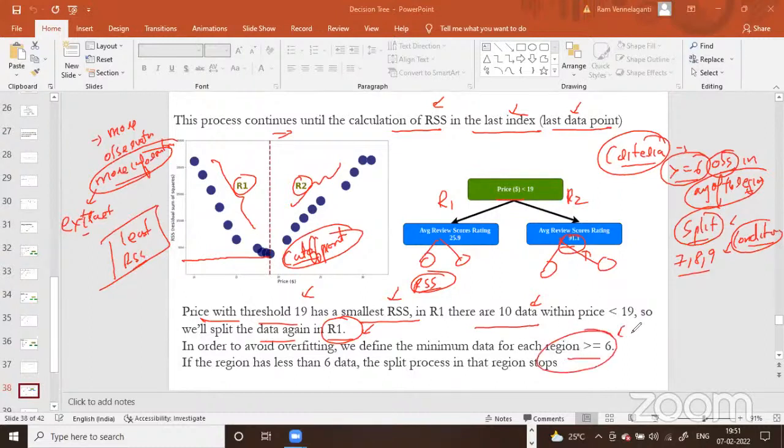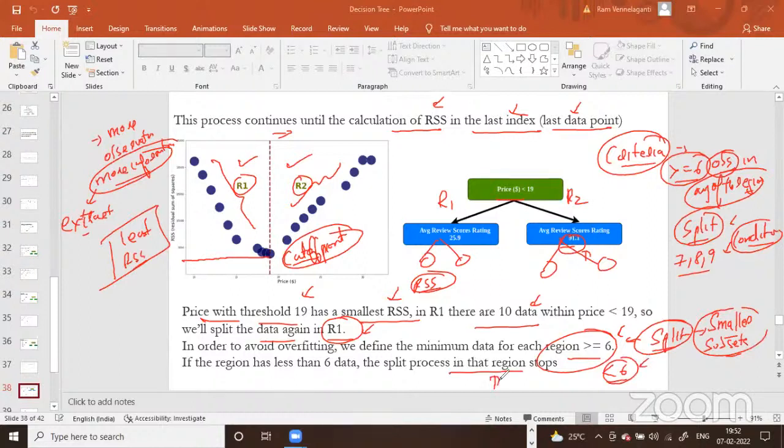Instead of 6, I can take 5 or 7 or 8, whatever may be. So if your region 1 or region 2 is having more than or equal to 6 observations, then split it further into smaller subsets. We can do this. But if your region is having less than 6 observations, then stop it.